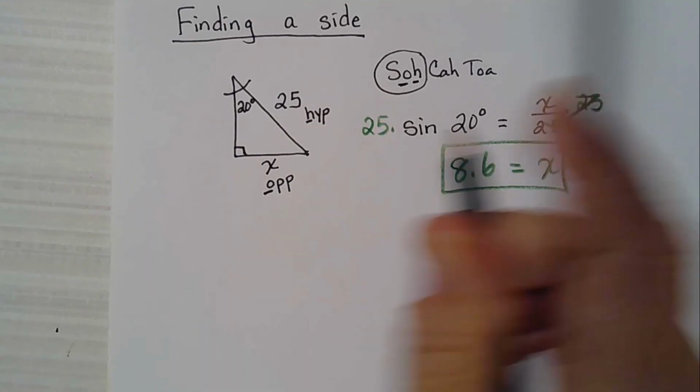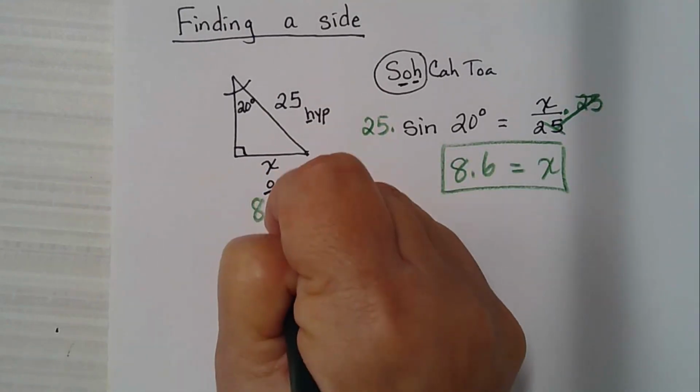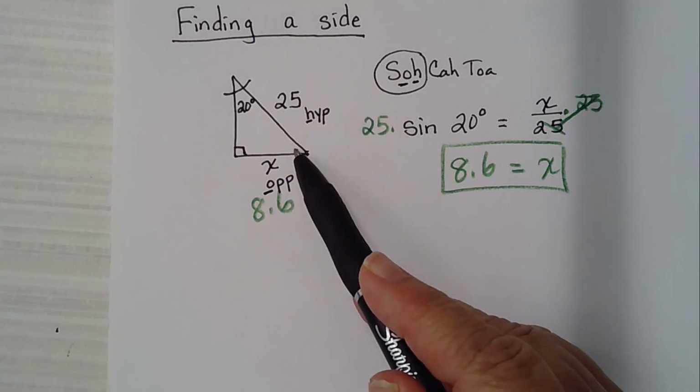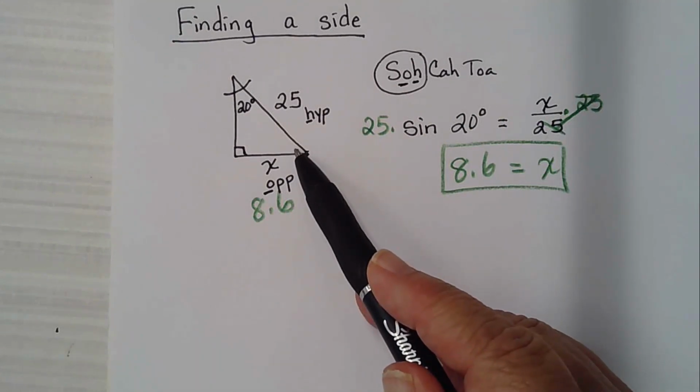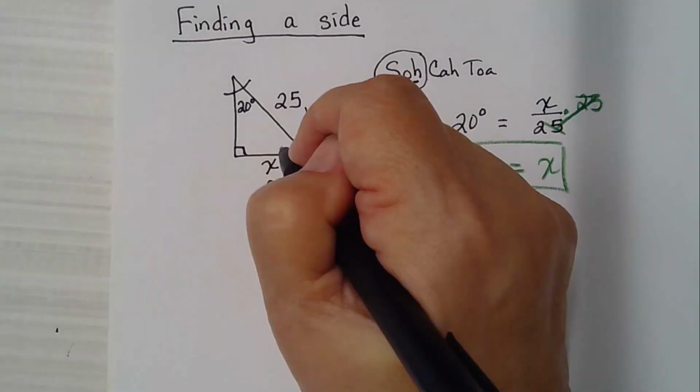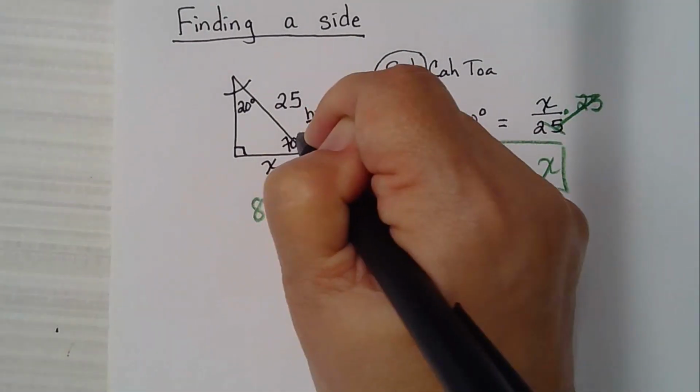Now I'm going to come put that on my triangle and see if my answer makes sense. How much is this angle down on the bottom? 70, right? The triangle has to add up to 180. This part's already 90. So the other parts have to add up to 90. So that's 70 degrees.